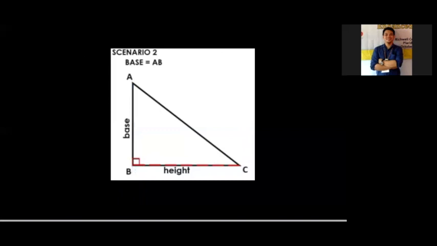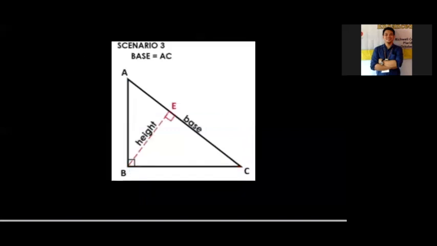For the third scenario, if the base is side AC, then our height would be BE. Since AC is not perpendicular to any of the sides or legs of the triangle, we should draw a line perpendicular to AC.